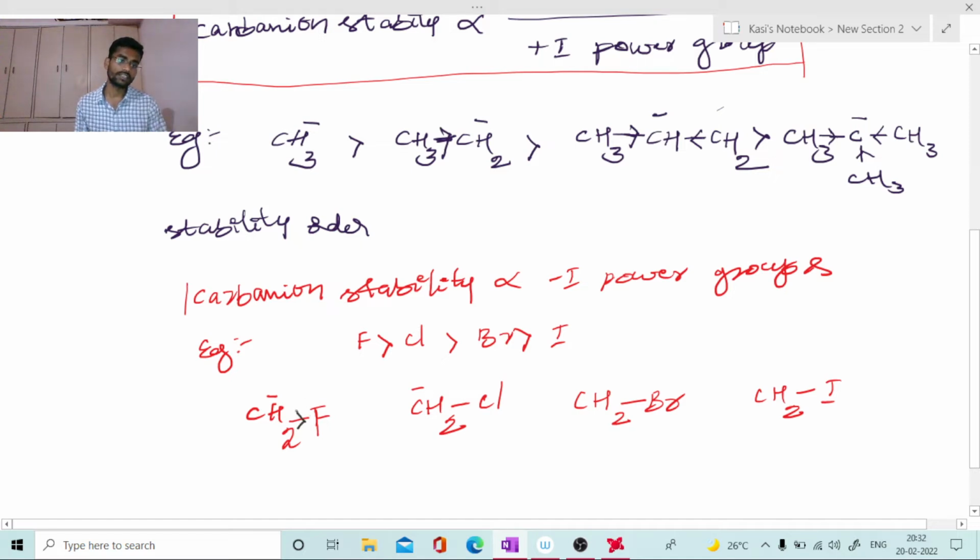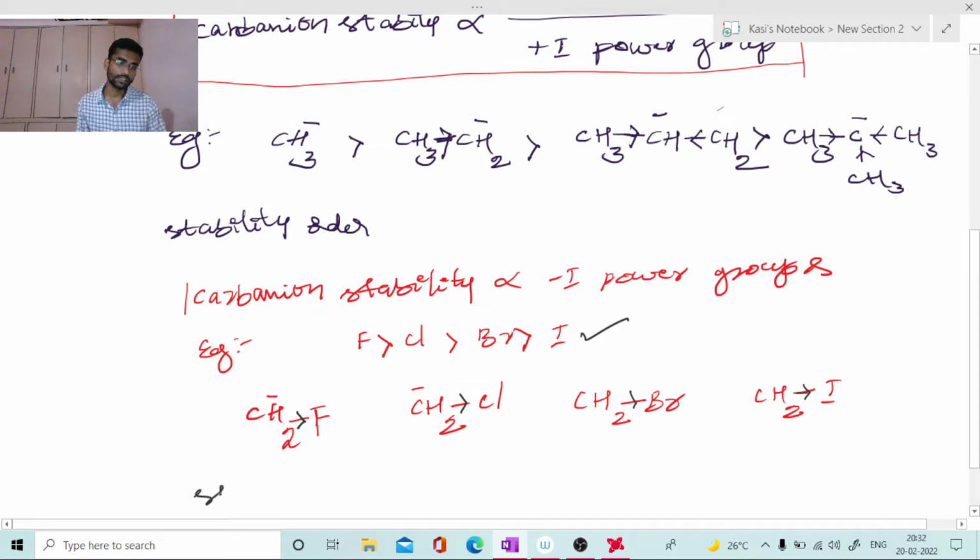Here there is already a minus charge, and it is being attracted, so the charge decreases. All the halogens are electron withdrawing, but the order is more for fluorine. So the carbanion stability is more for the fluorine containing molecule.